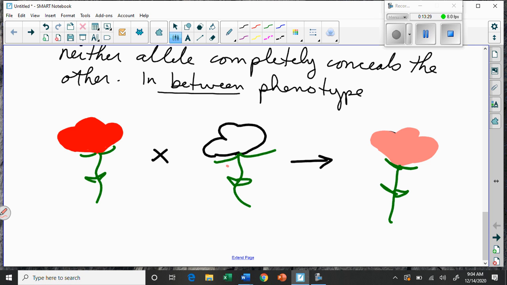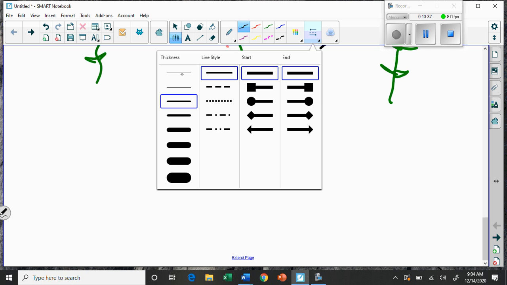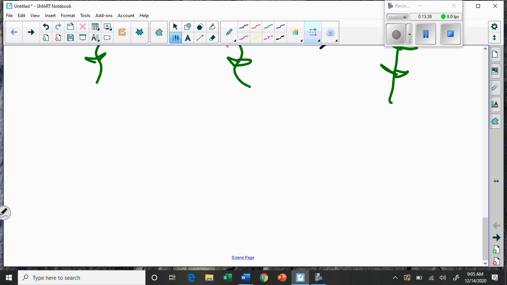So we need a way of describing this. So we use a slightly different notation for this incomplete dominance, because we can't use a capital and small because both of these are the same. So what we do here is for the red flower, we put an R on the top like an exponent, a superscript.